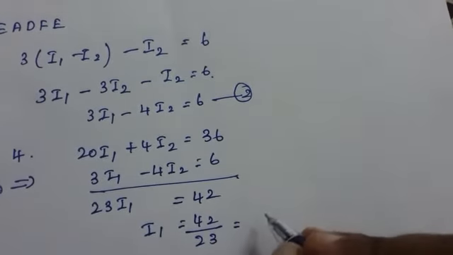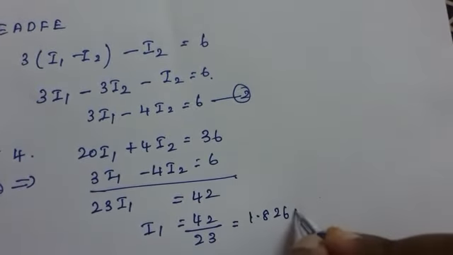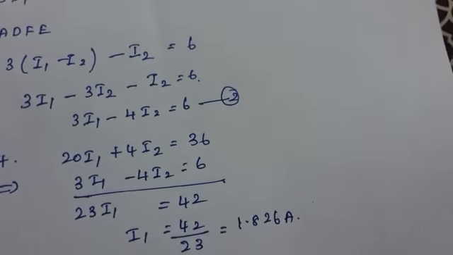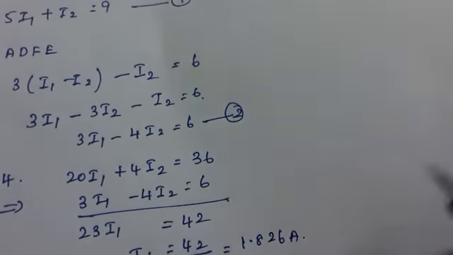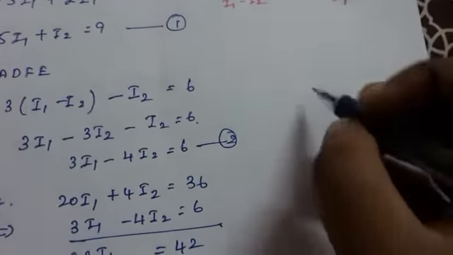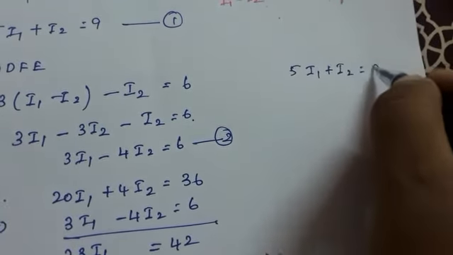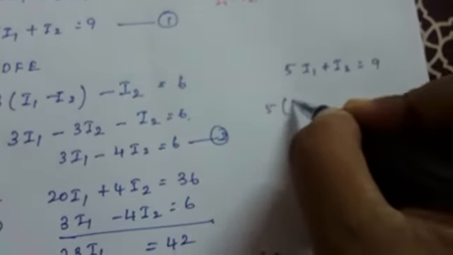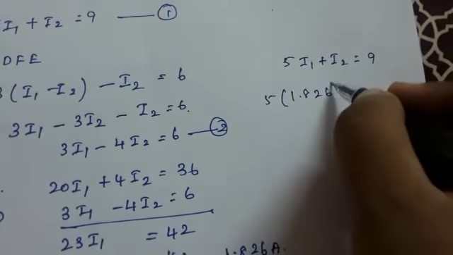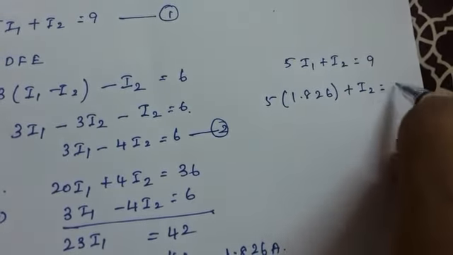So you will be getting the value as 1.826 ampere. Now I am going to substitute this value in equation 1. So 5 I1 plus I2 is equal to 9. So 5 into 1.826 plus I2 is equal to 9.